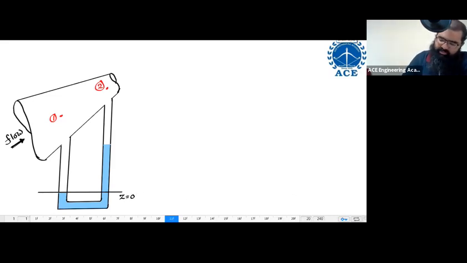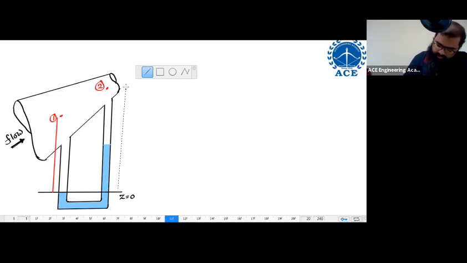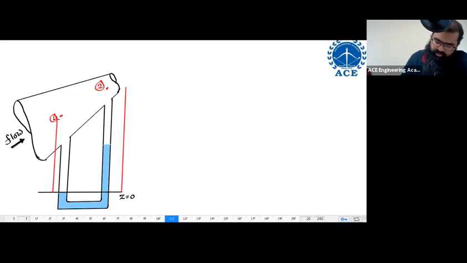And I'm measuring some heights now. The heights I'm measuring are from here till here, so this height first, and then this height. These two heights I'm measuring. This first height over here is Z1. The second height over here is Z2.